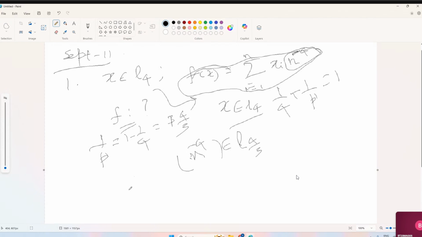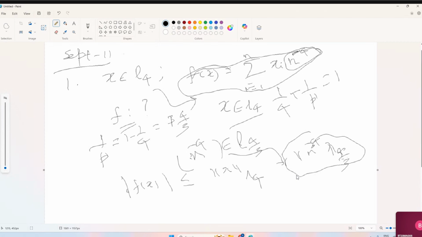Then what you get is the mod of f(x) will be less than or equal to the norm of x in L4, and the norm of this n raised to minus 4 in L4 by 3. Right? So this is a fixed number. Therefore, the norm of this f will be smaller than or equal to whatever this number is.